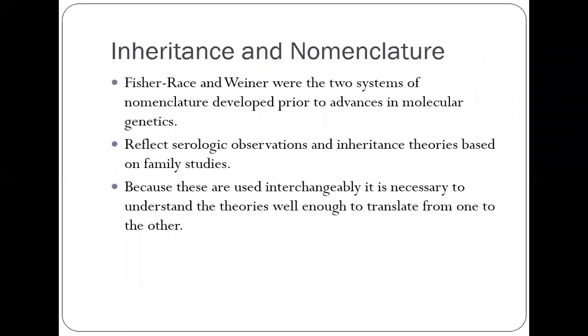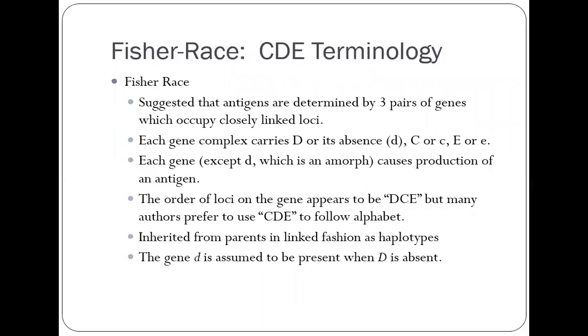So it's going to be a little confusing, and I have attached some practice problems, but I'm going to try my best to help you understand it. So with Fisher and Race, again, they suggested that the antigens were determined by 3 pairs of genes, which all occupy closely linked loci.